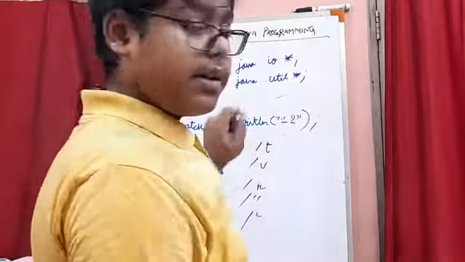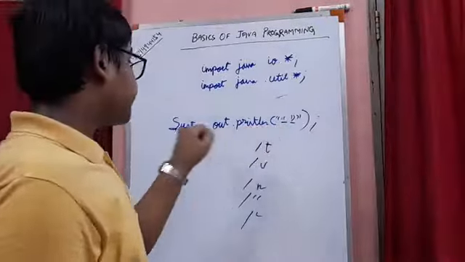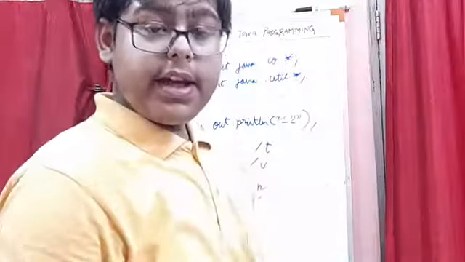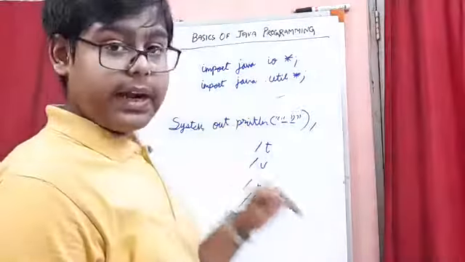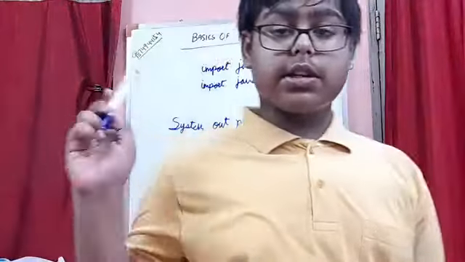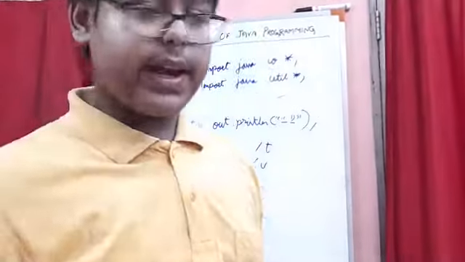Now there are two types: System.out.println, where ln means new line, and System.out.print only, which means the control will not go to the new line.